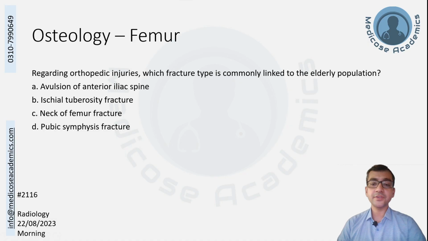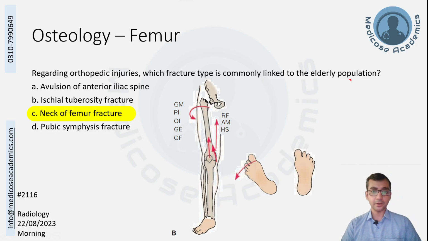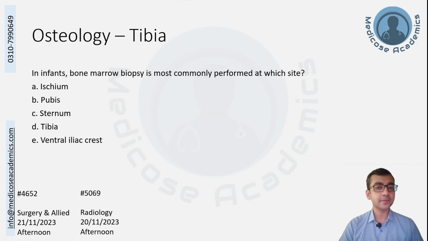During orthopedic surgery, which fracture type is most commonly linked to the elderly population? Simply, if you are asked regarding the statistics, you will go for the neck of the femur fracture, because in elderly, after osteoporosis, this area is very vulnerable as it is transmitting a lot of force and it is at a very awkward angle, so it fractures commonly.